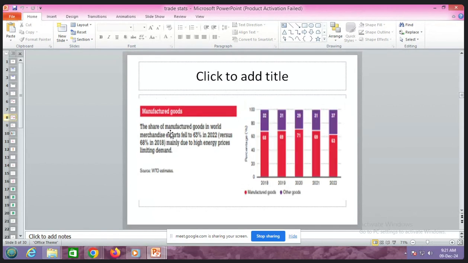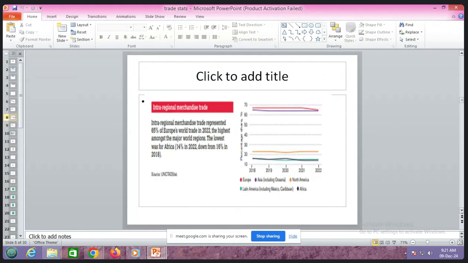Similarly, when you look at the manufactured goods and other goods, manufactured goods have a higher share as well as a higher growth rate. So when you see the comparison of intra-regional merchandise trade, what you see here is the European continent, and when you say Asia, because China is there, that's why you see that intra-regional merchandise trade is 65% of Europe's world trade, and it is highest in that region and lowest in the African region.